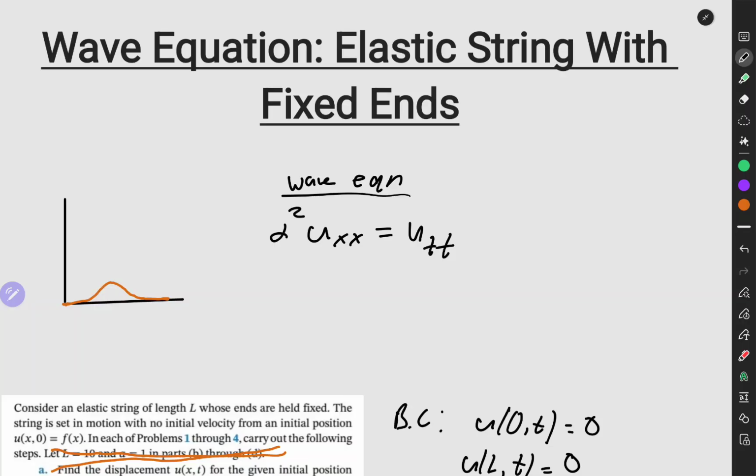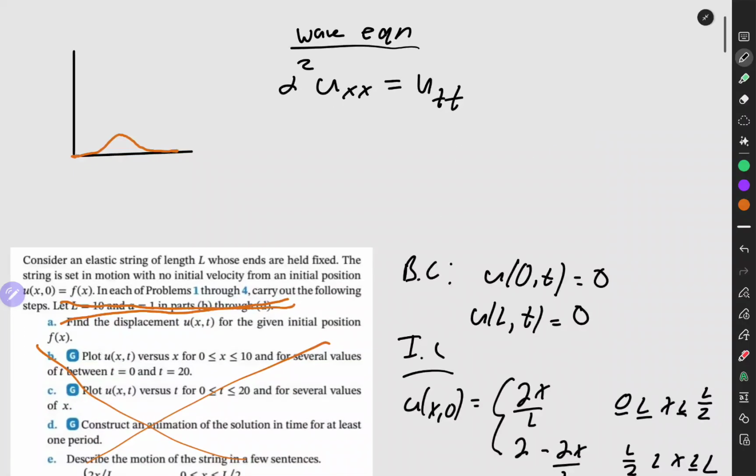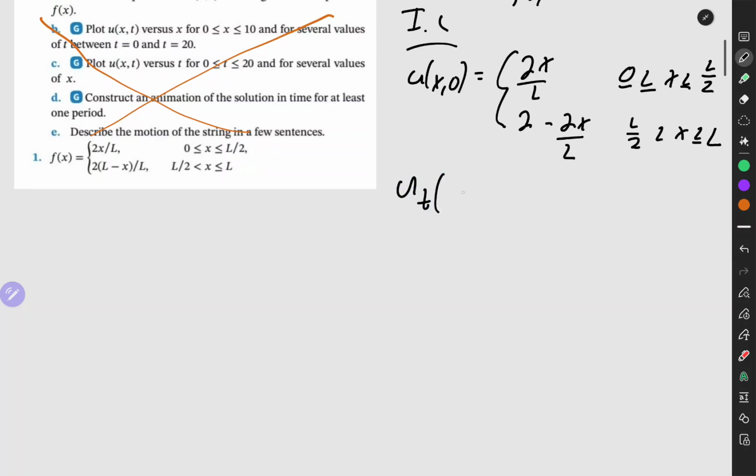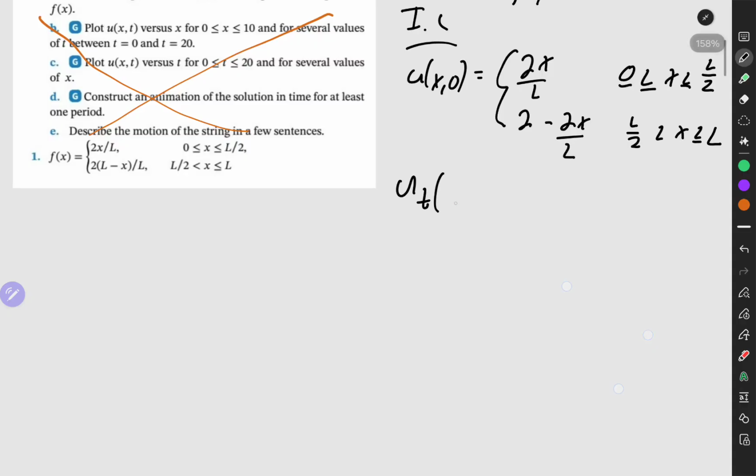So the initial velocity is 0, right? Before it's let go. So initial velocity would be 0 throughout the whole thing. Right?